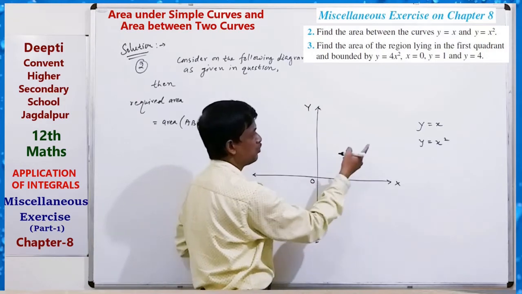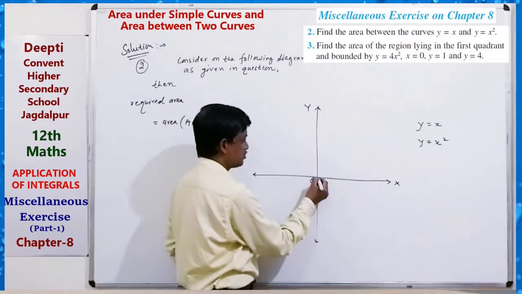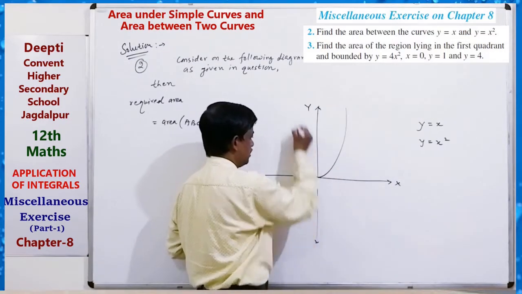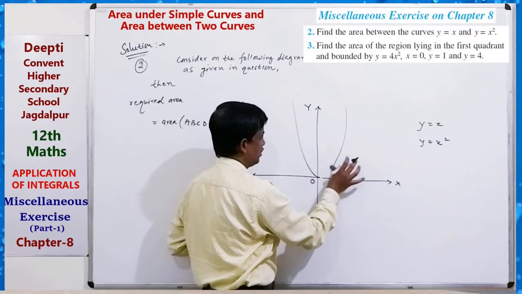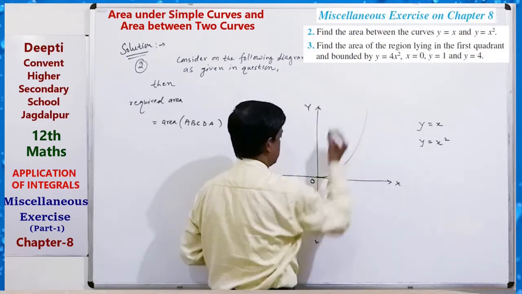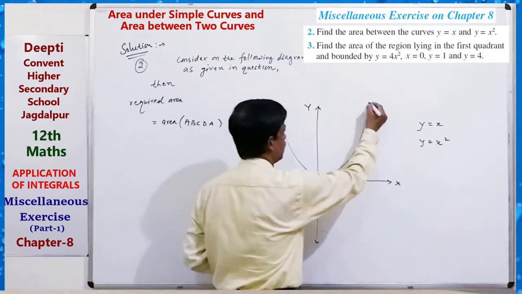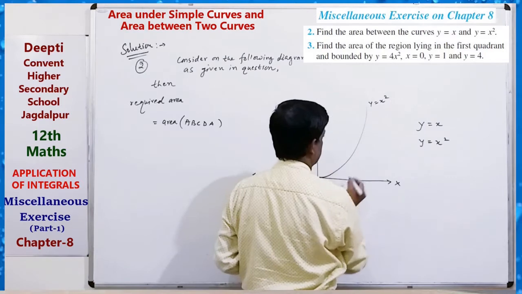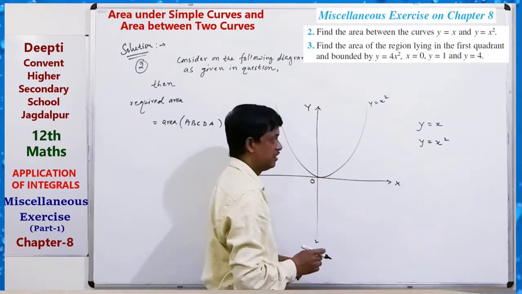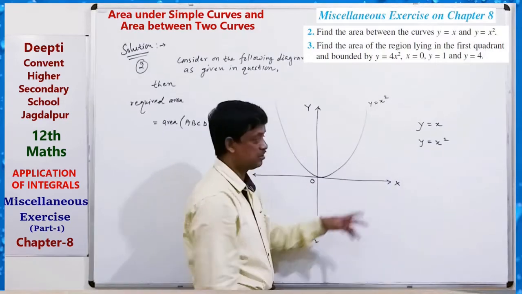Okay. So x square equals y is an upward parabola. So this is the parabola, like this, y equals x square, and y equals x is a line.